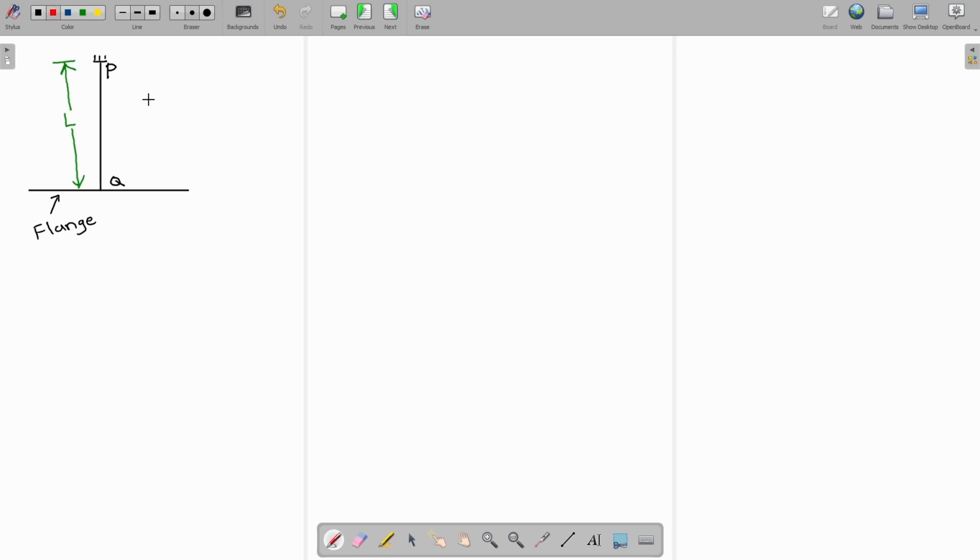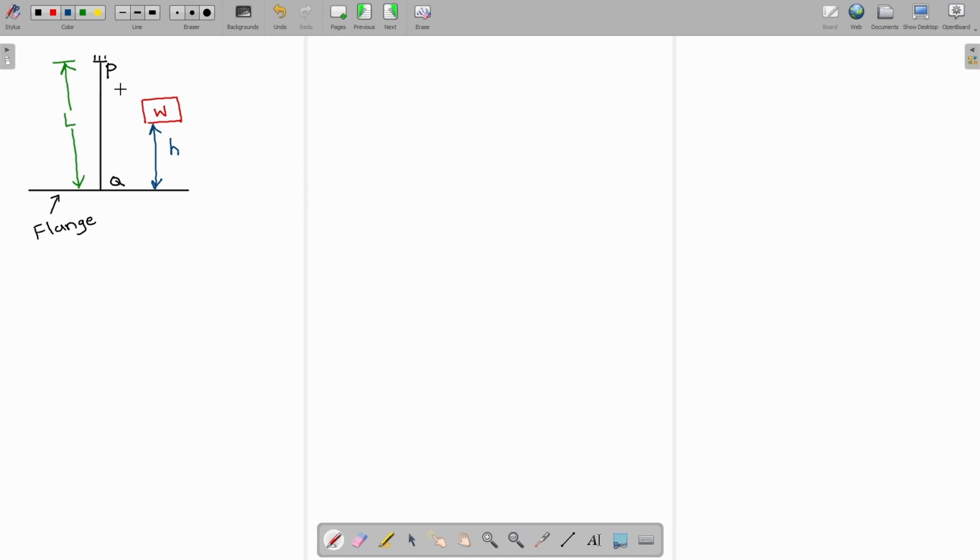Now a W. Let us consider this is the weight W. It is falling from a height H. This is H. It is less than the length of the rod, PQ.